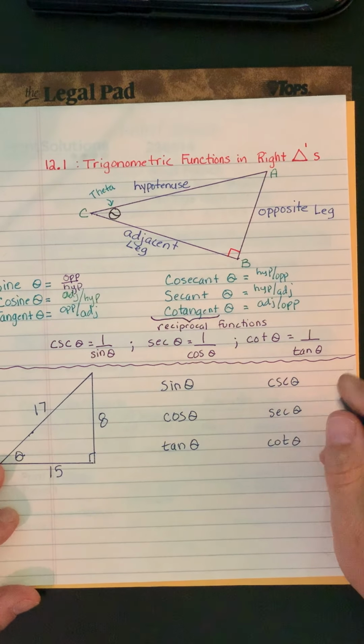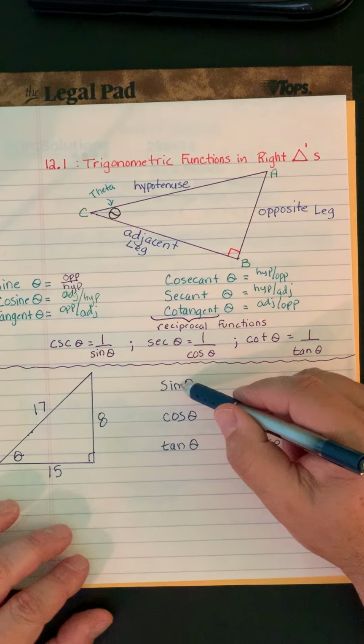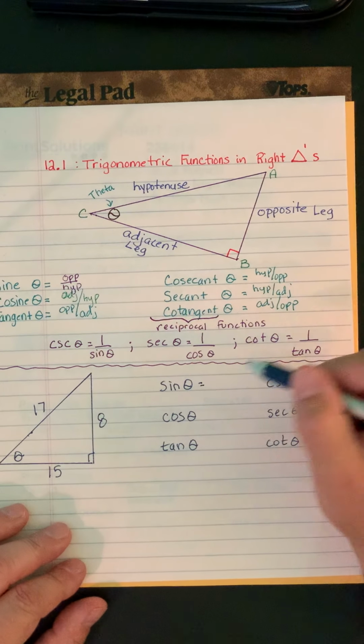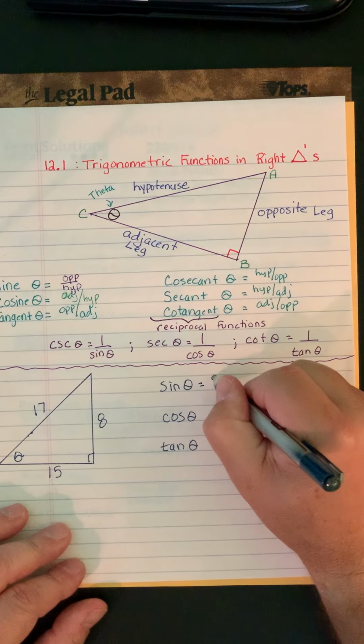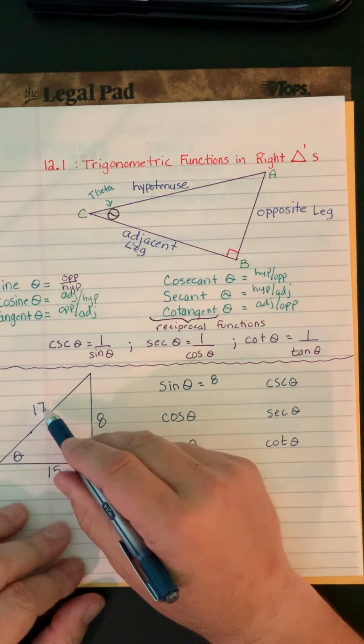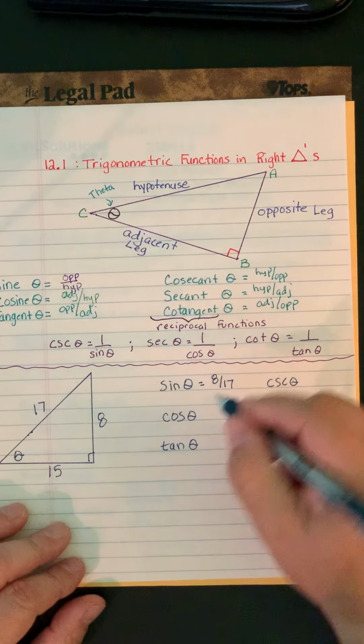So remember, all these are the ratios of the sides. So sine, remember, is opposite over hypotenuse. So here's theta. The side opposite would be 8. The hypotenuse, 17. Opposite over hypotenuse, 8/17.